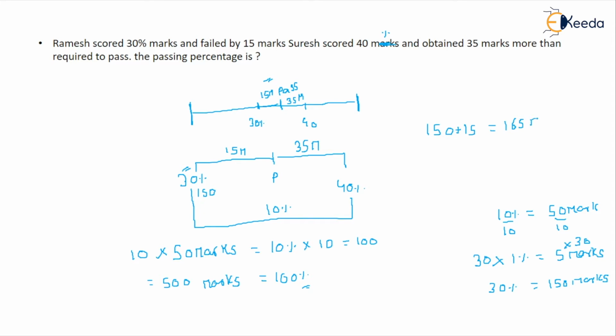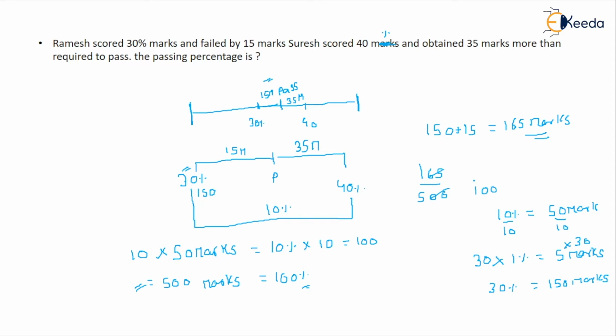So how many marks is he required to pass? That is 165 marks. If you convert it into percentage, 165 marks upon total marks, that is 500 marks, right? Percentage is with reference to the total, right? So after doing this, it comes out to be how much? 5 table, right?